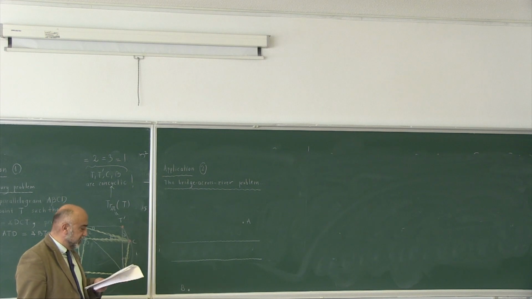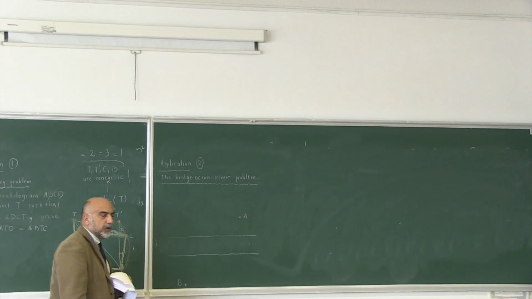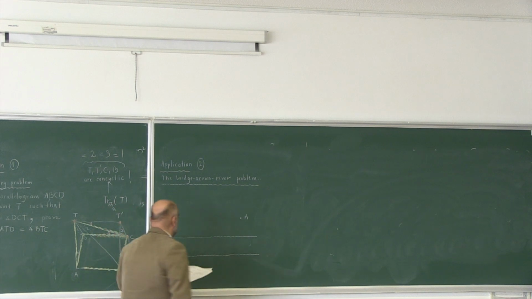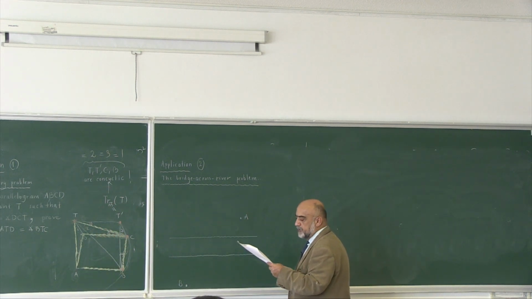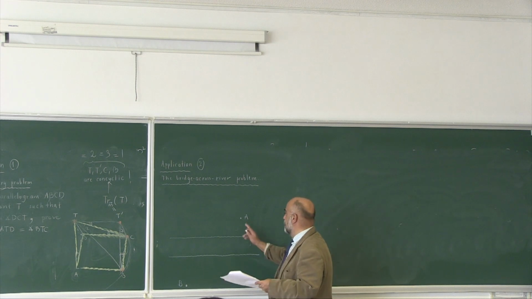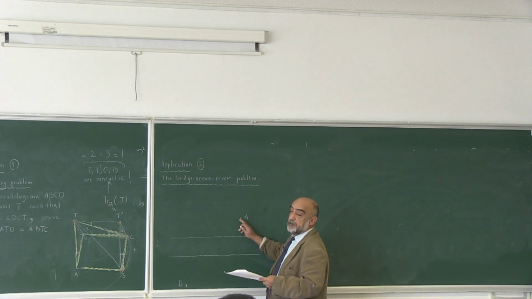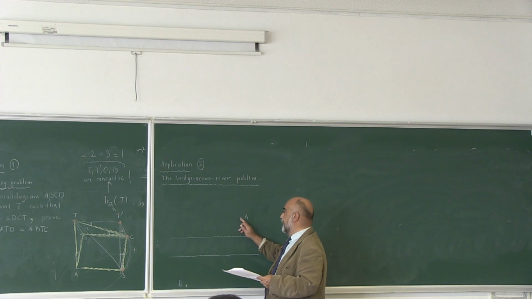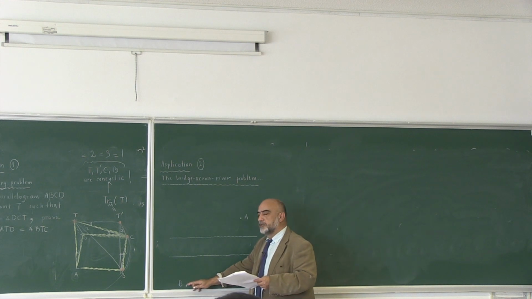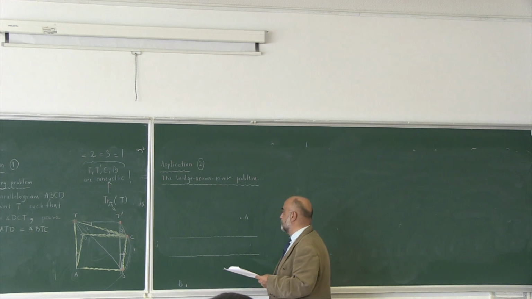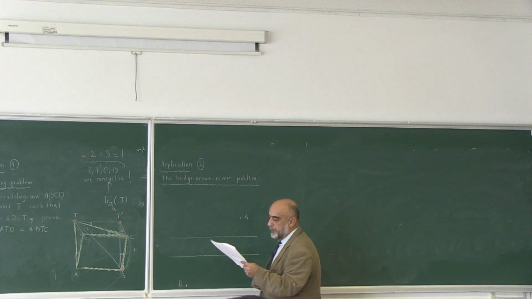The question is, so you want to build a bridge on the river. So the question is where to put the bridge so as to make the total distance from A to one coastline of the river, across the bridge, and the walk to the next village, as small as possible?